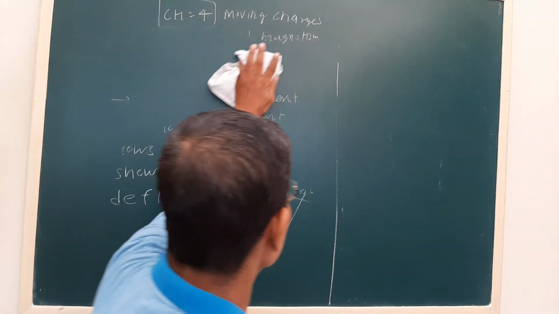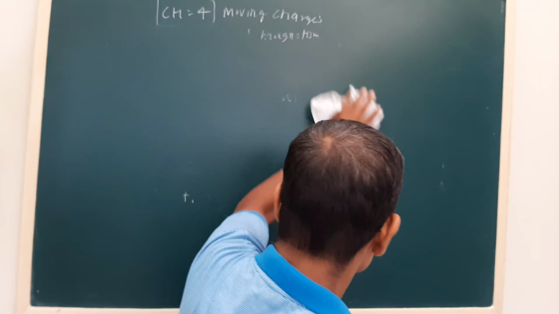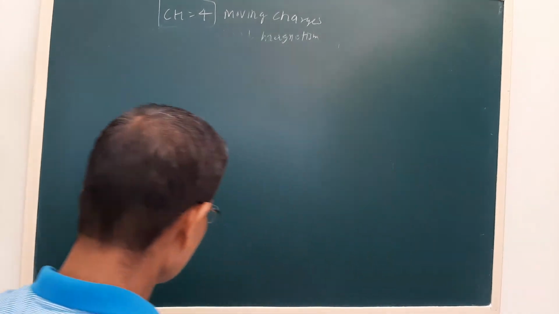The galvanometer can be converted into an ammeter.